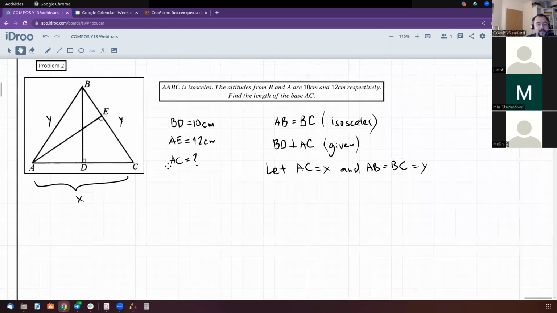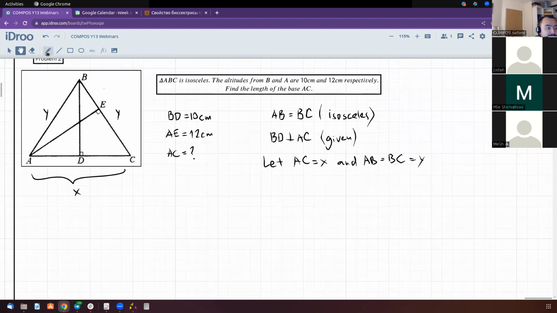Okay. Now, if we look at triangle AEC and triangle BDC, they are similar. So triangle BDC is similar to triangle AEC. Why are they similar?